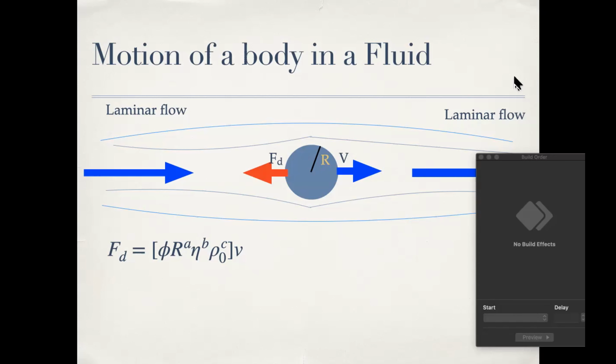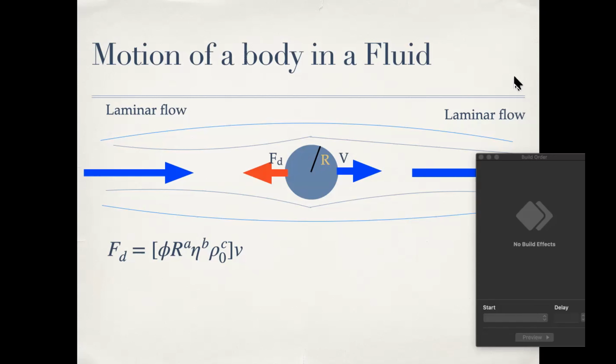So we have now the picture. We have a viscous liquid, and we have a body, which for the sake of simplicity I will consider now to be a sphere. And that sphere moves with a certain velocity in the liquid. The flow is laminar. That means that the lines of current, of velocity of the fluid, are continuous and do not form any vorticity, or there is no turbulence around that body.